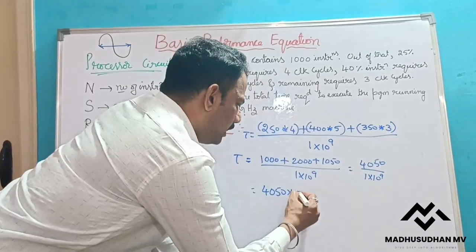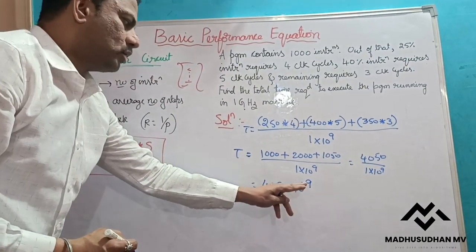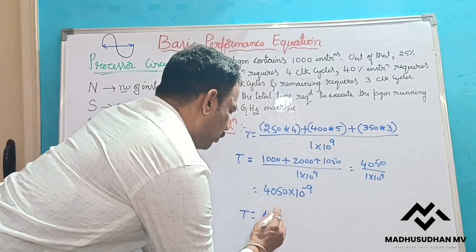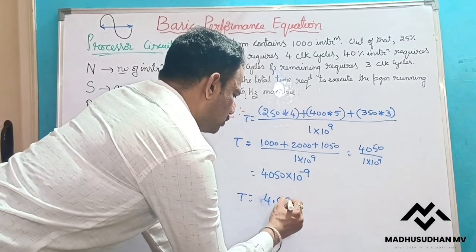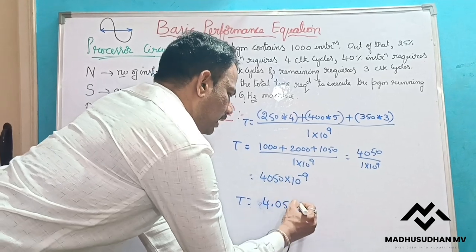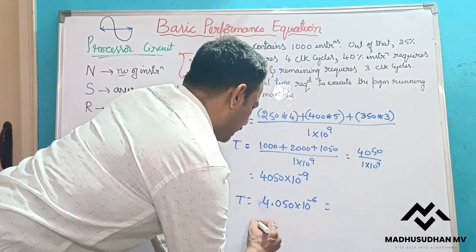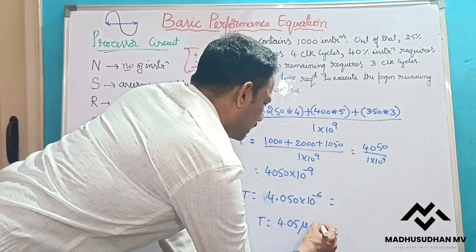If you bring it to the numerator, it becomes 10 to the power of minus 9. So I'll put it as minus 6, bringing 3 digits. So T is equal to 4.05 into 10 to the power of minus 6, that is, T is equal to 4.05 microseconds.